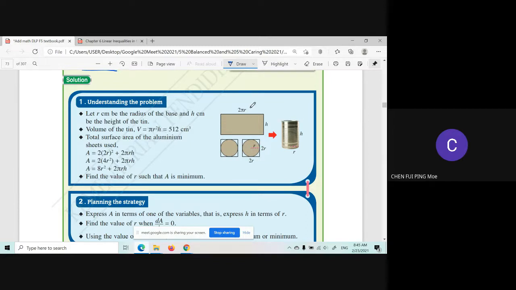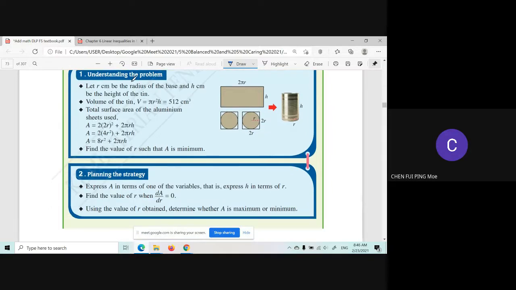The circumference formula is 2 pi r. For the circle, we have radius r, so the length of this will be 2r. Let r be the radius of the base and h be the height of the tin. So we can make a conclusion for the volume. Volume for a cylinder is pi r square h, which equals 512. You get the first piece of information here.